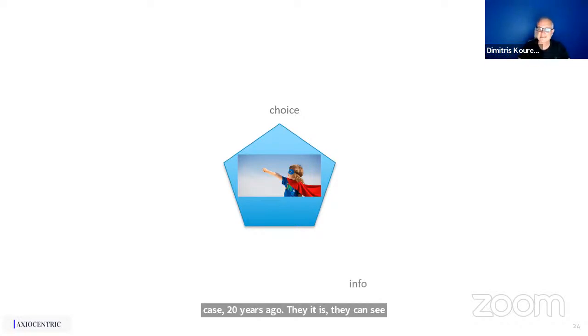They have information to decide what is good and what is not good. They can act, they can transact, they can buy, they can send something back to you, and they can shout whether they like the experience or they don't like the experience.